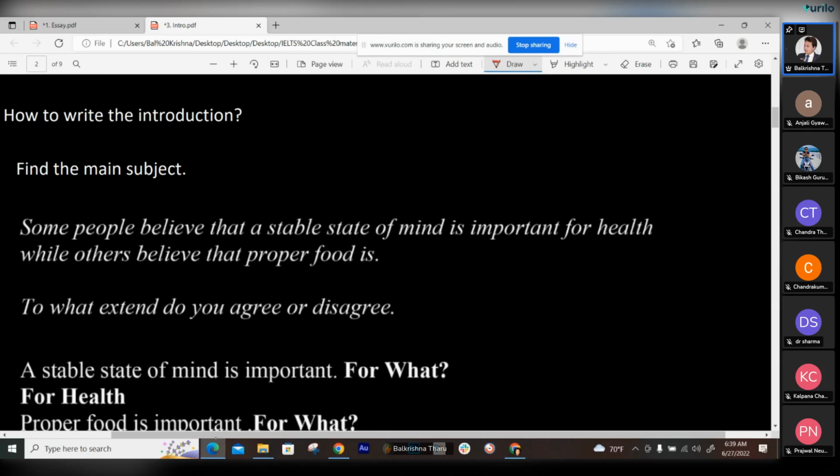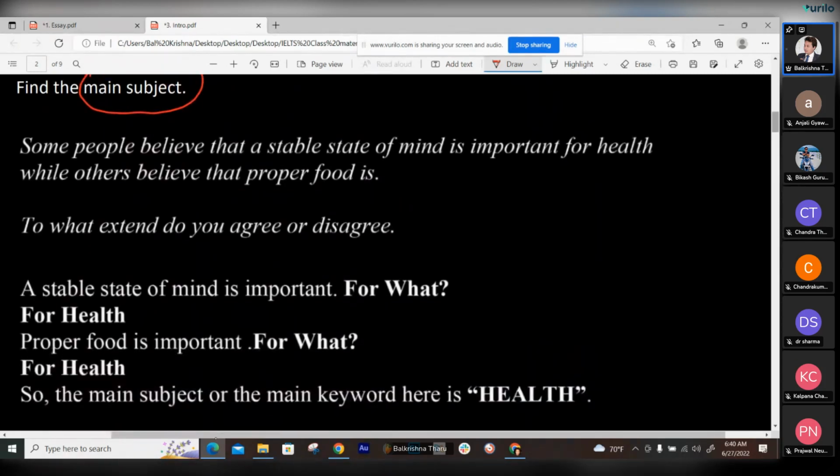Let's understand the question. First of all, in order to understand the question, we need to find the main subject. Some people believe that a stable state of mind is important for health, while others believe that proper food is.